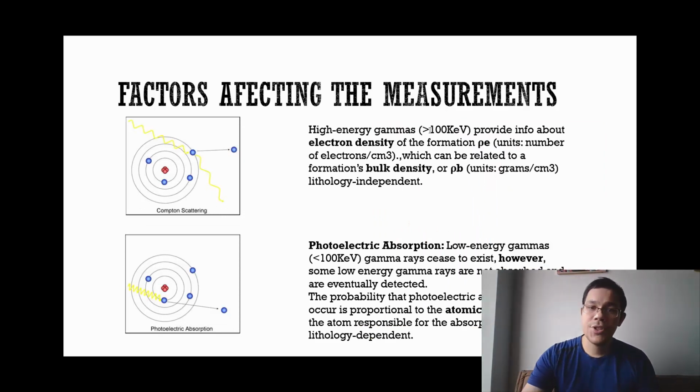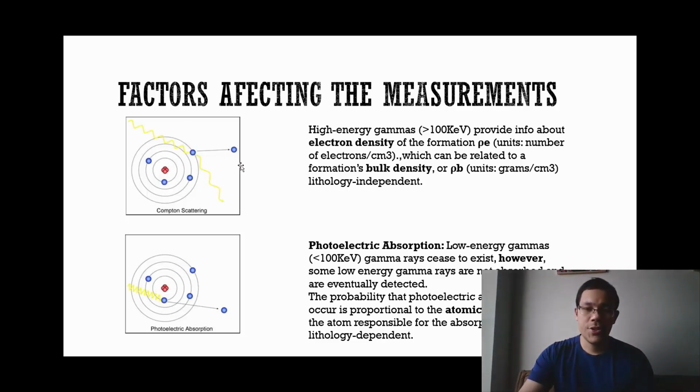By high energy gamma rays, I mean those gamma rays with energy levels above 100 kilo electron volts, and by low energy, those gamma rays with energy lower than 100 kilo electron volts. In scattering, these gamma rays provide information about electron density, I mean the number of electrons per cubic centimeter.